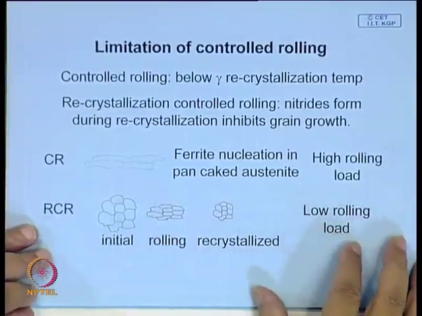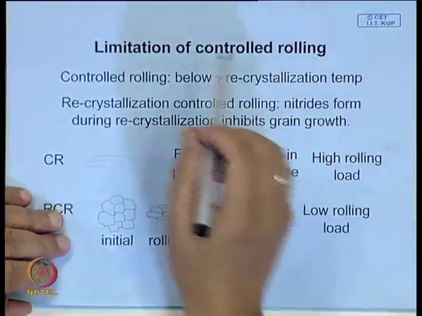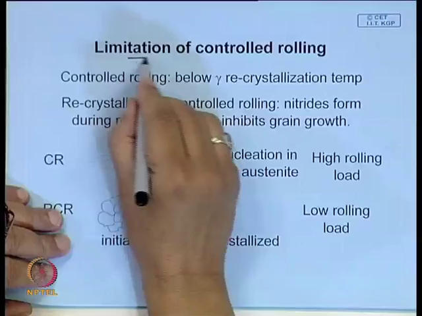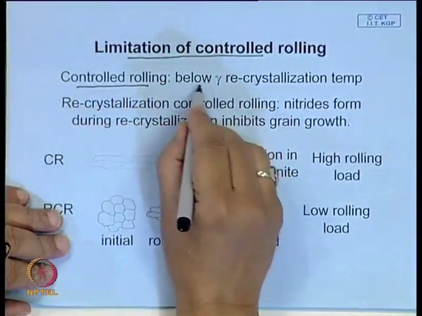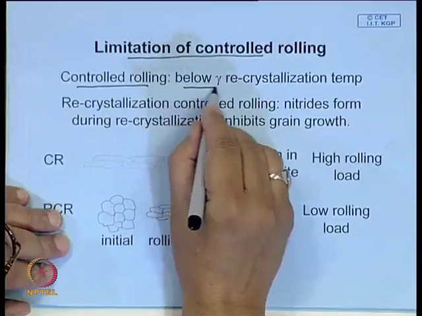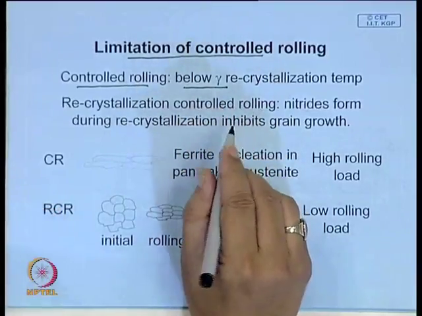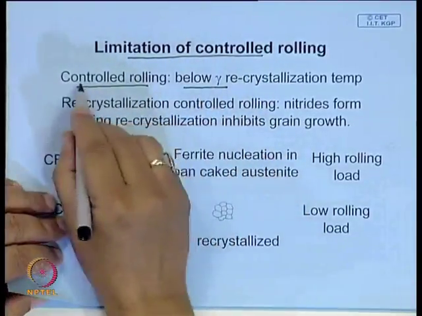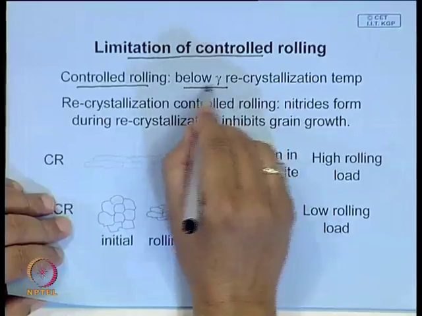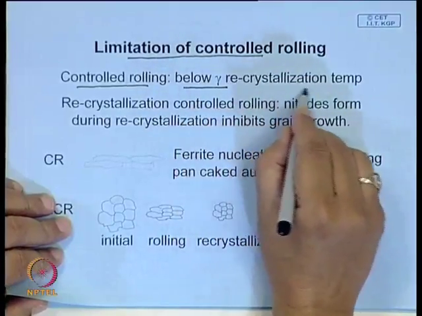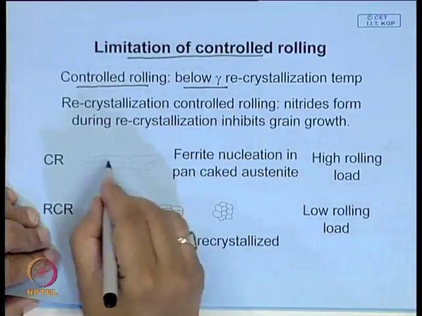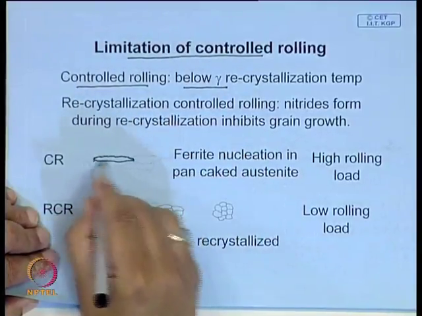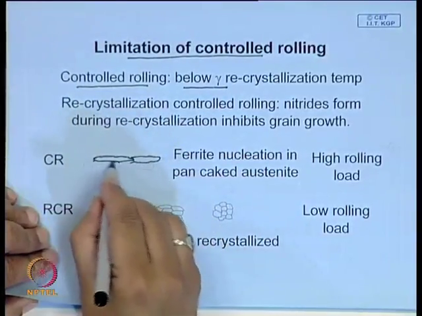But there is a major limitation of this controlled rolling process. In controlled rolling, you roll at a relatively low temperature, below the austenite recrystallization temperature. You do not allow recrystallization to take place, so that you have this kind of pancake type of structure.